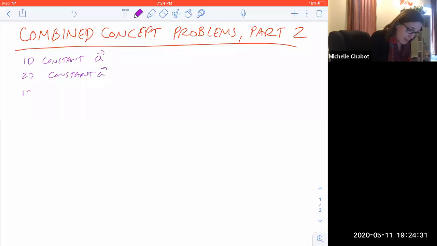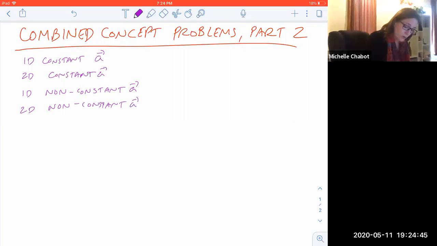Or you might have 1D non-constant acceleration, or you might have 2D non-constant acceleration. And so for both of these, right at the top, like I said, you can use those kinematics equations. And then for these, you have to use calculus.